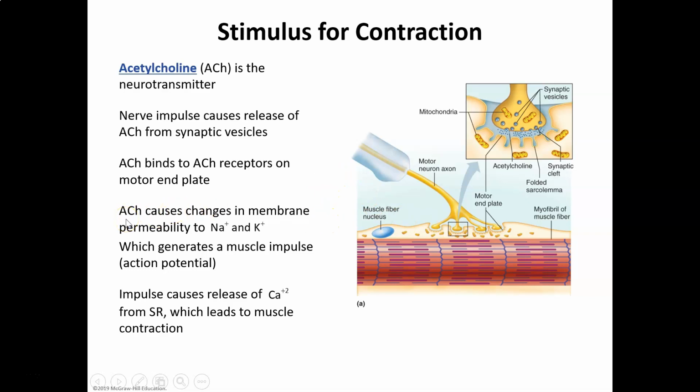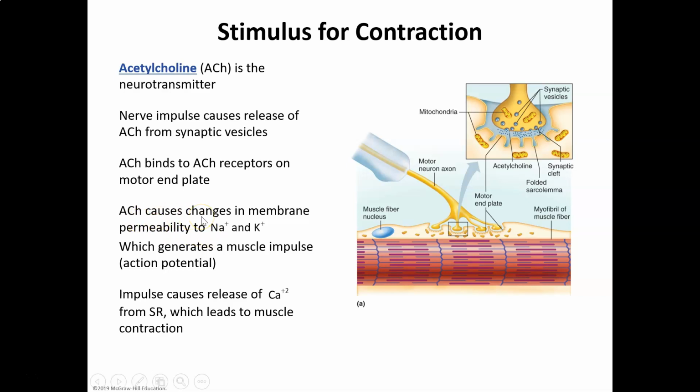Here's the change. Acetylcholine causes changes in the membrane permeability to sodium and potassium. Remember these ions. Remember the membrane is pretty much a nonpolar entity for the most part. It acts as a nonpolar barrier. That means things that have charge find it very difficult to go through that membrane.